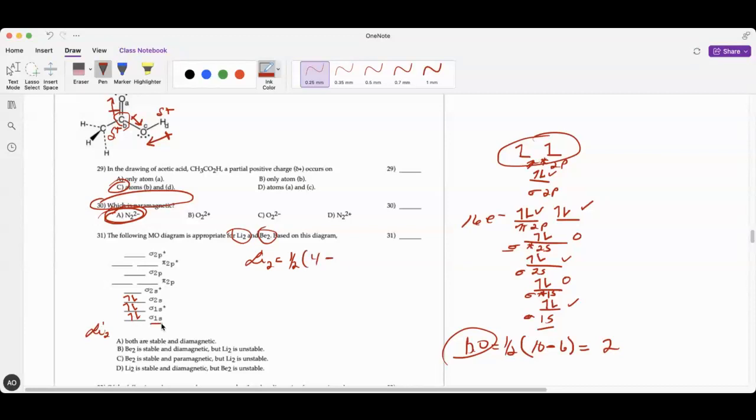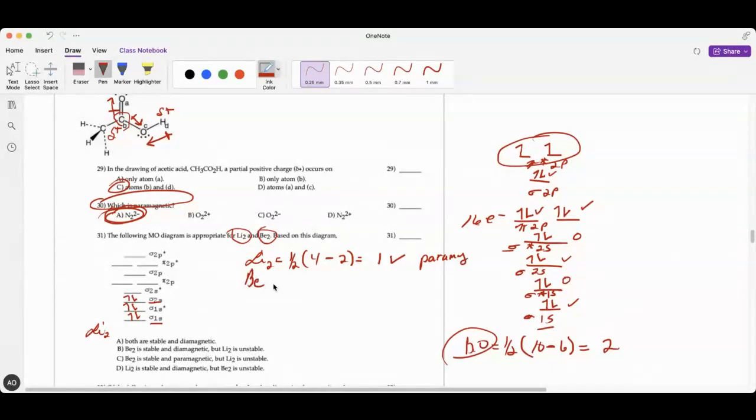We have 2 in this bonding orbital and 2 in this bonding orbital, so that's 4, and we have 2 in an anti-bonding orbital. 4 minus 2 is 2, 1/2 of 2 is 1. So that's stable, but this is paramagnetic. There are no unpaired electrons, so it's paramagnetic.